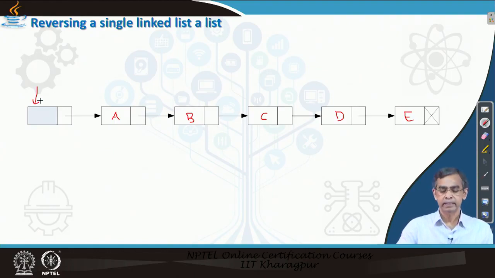Now, we have to reverse it. Reversing means that this list will contain E, then D, then C, then B and A. That means it is in the reverse of whatever order it was given.